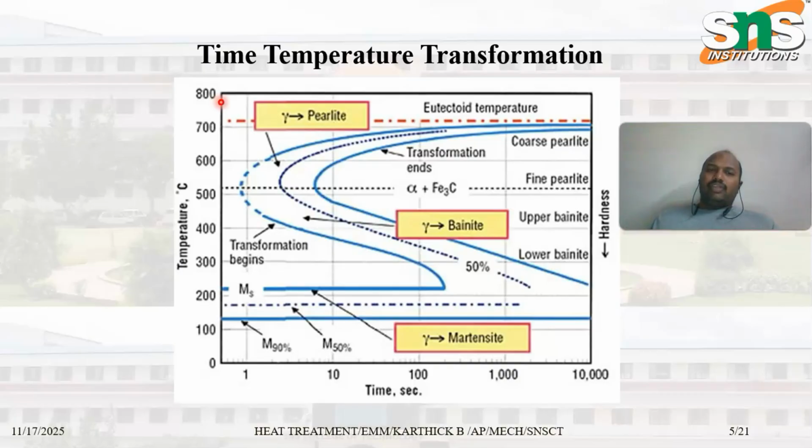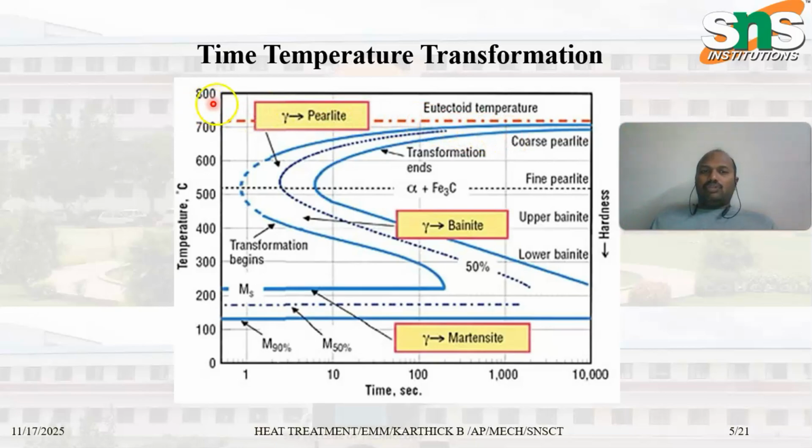From there, we slowly cool the material, and when we reach this point where the transformation is going to start, the transformation that happens is nothing but gamma transforming to pearlite.